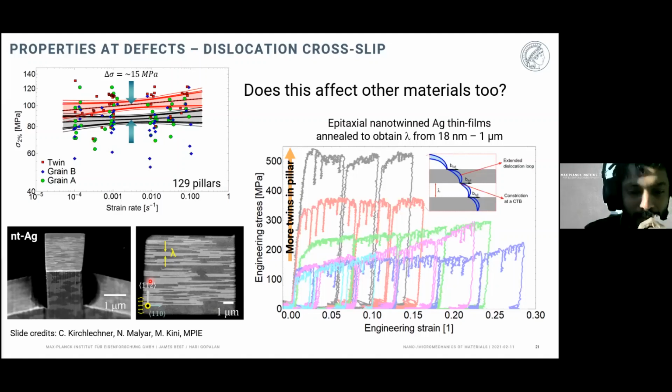For example, when we have very few twin boundaries, you get smaller strengths. And then when you keep testing them with higher and higher numbers of twin boundaries, you see that the strengths go pretty high. So you get about a factor of 5 multiplication when you change the twin spacing from 1 micron to about 20 nanometers.